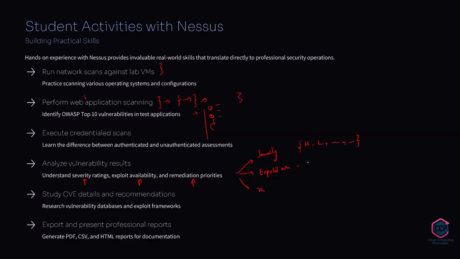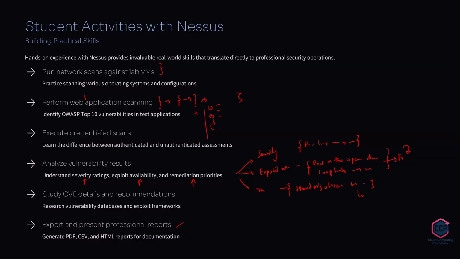Exploit available means what we call a route, or in simple language an open door or a loophole, so that we can exploit it, in the sense that we can get into that application. Remediation comes under hardening of your host, network, or any devices. It will also give us recommendations on how we can secure our applications or hardware devices.